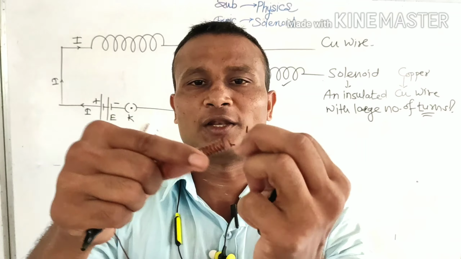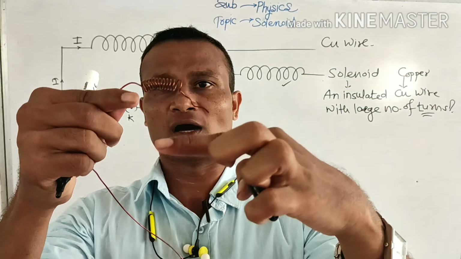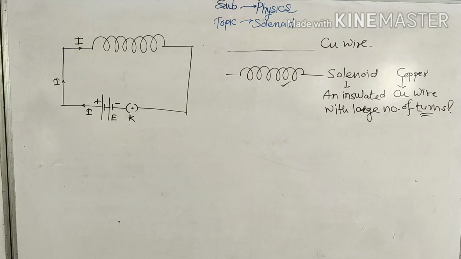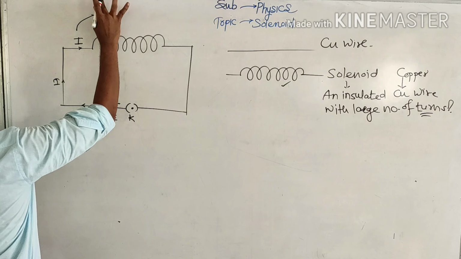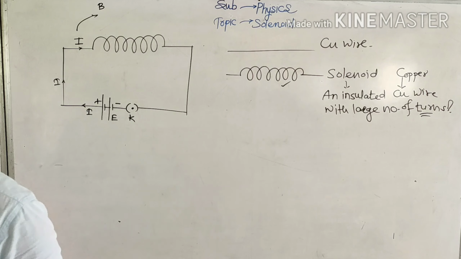As per the Oersted experiment, this current will lead to the production of a magnetic field. Now the magnetic field pattern produces something very interesting.